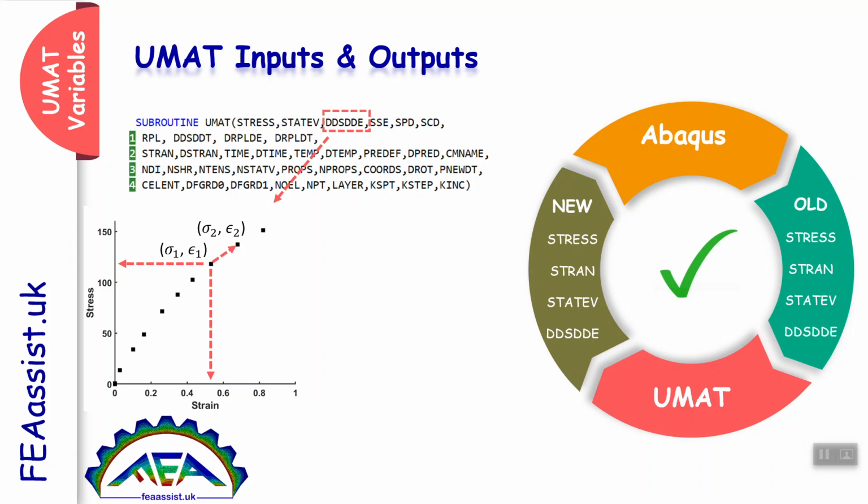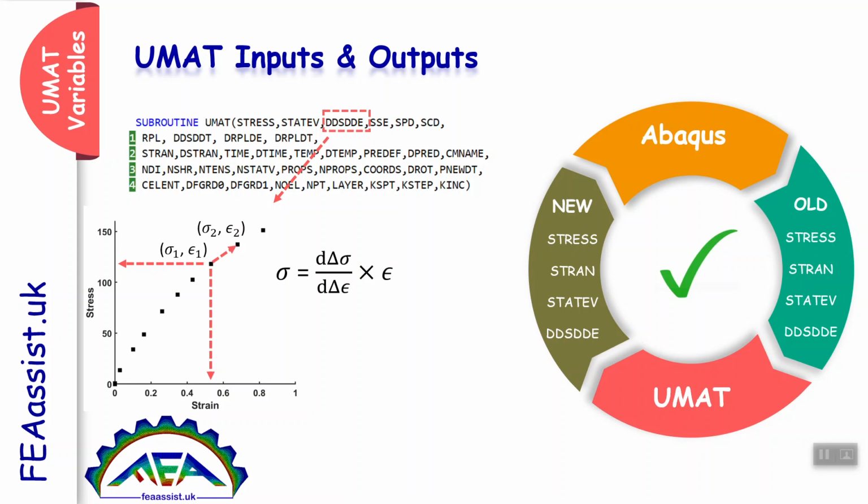How can you do that? The first thing that comes to mind is the slope of the diagram. If you have the slope of delta stress with respect to delta strain, then you can linearly solve this problem and predict the stress at each point.